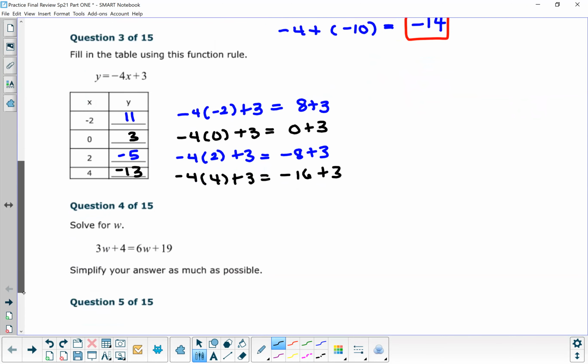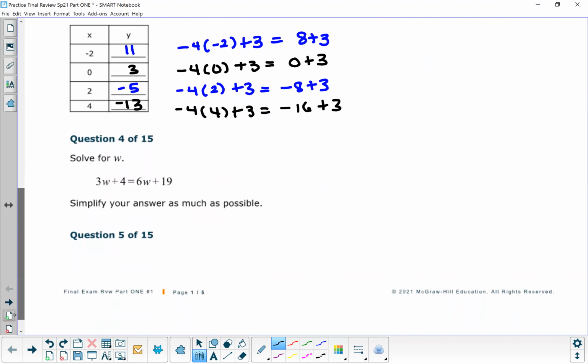All right, number 4. All right, we have our equation. 3w plus 4 equals 6w plus 19. I'm going to put my variable terms on the right side. So I'm going to subtract 3w on each side.